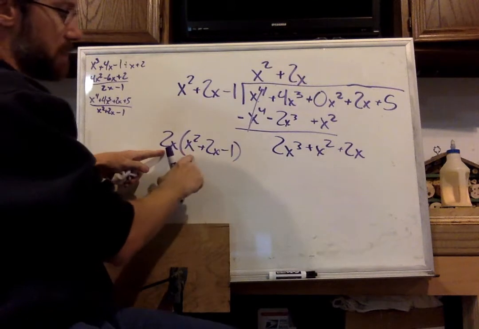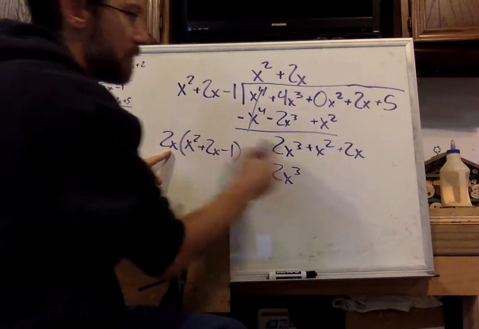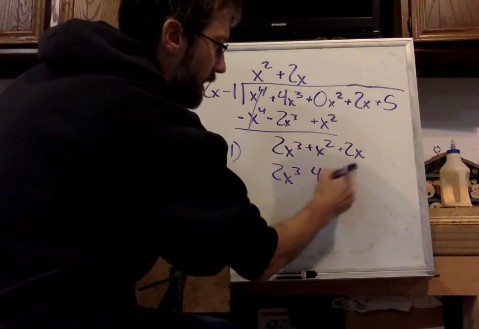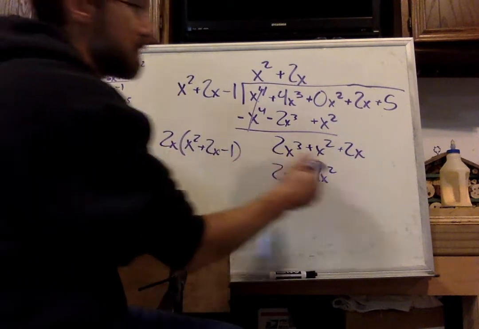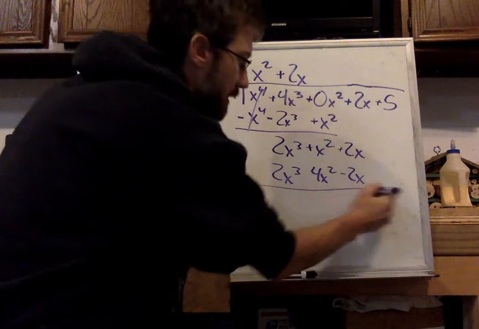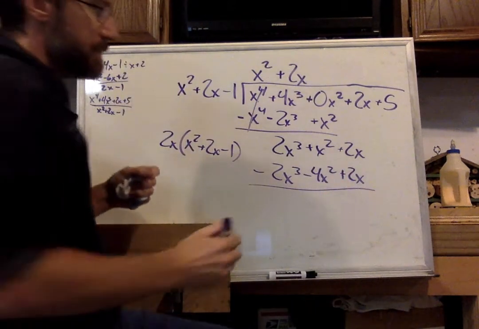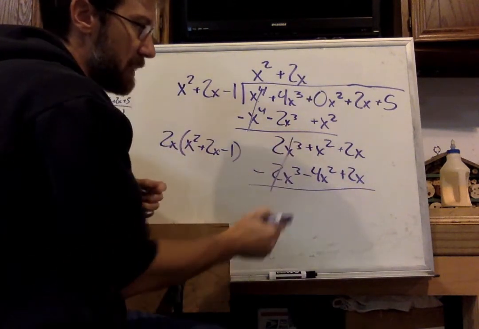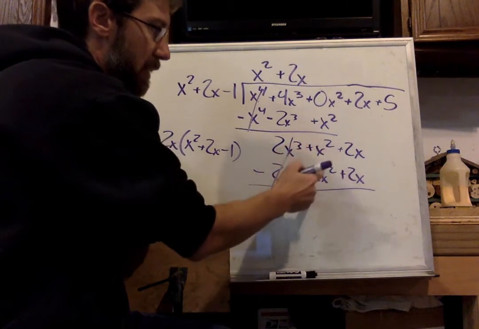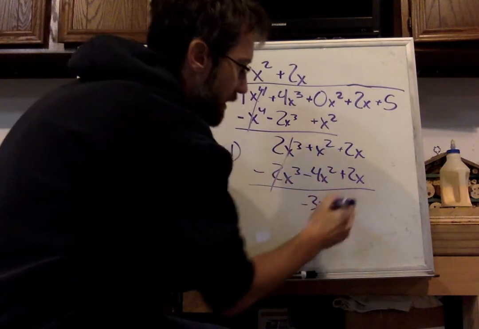So 2x times x squared is 2x cubed. 2x times 2x is 4x squared. 2x times negative 1 is minus 2x. And we'll change the signs of everything. 2x cubeds cancel out. X squared minus 4x squared is minus 3x squared.